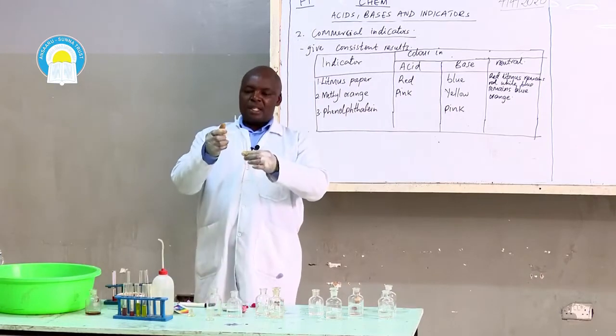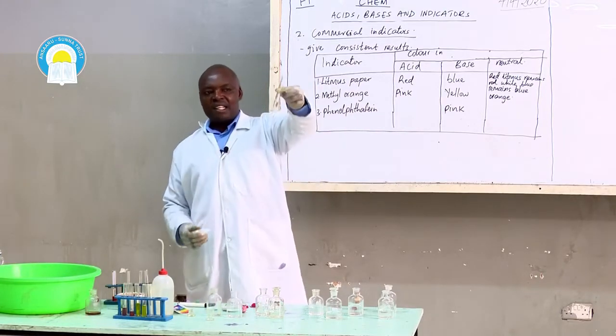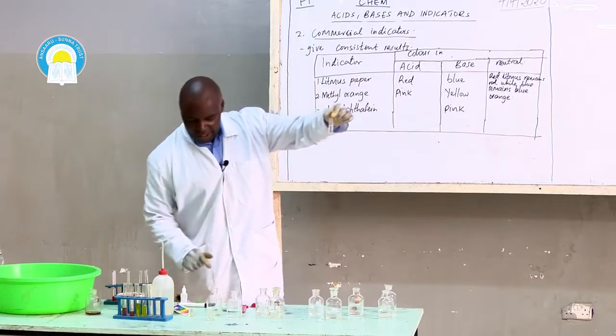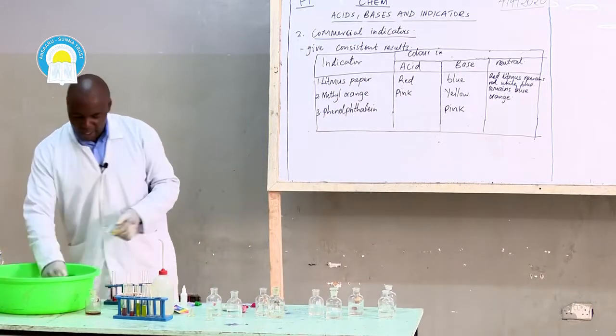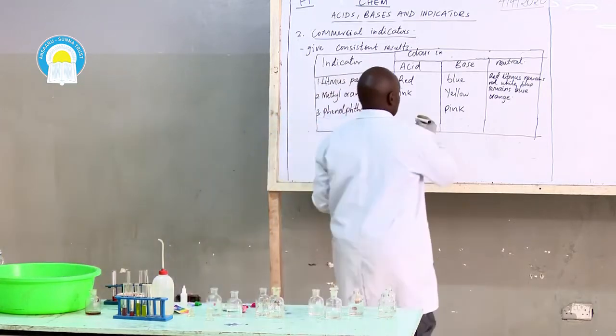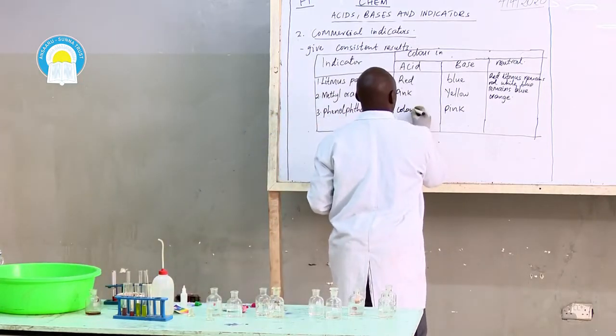So in an acid, the color of phenolphthalein indicator is colorless. The color in acid is colorless.